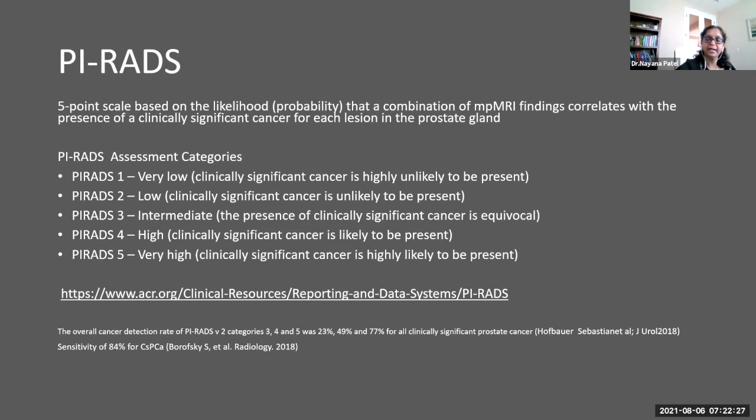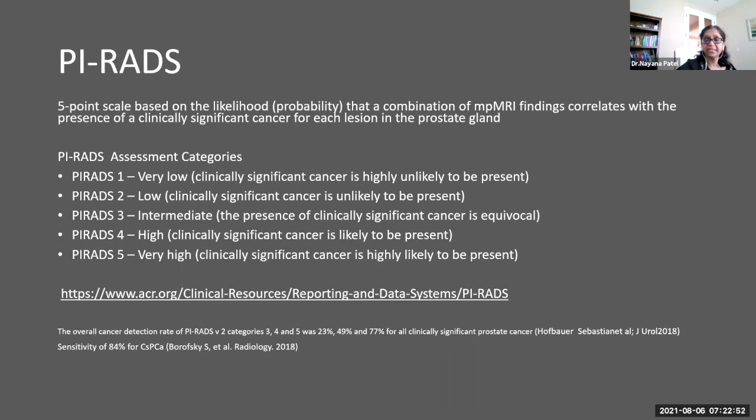The PI-RADS document has defined criteria on how to evaluate the lesion within the prostate based on the location of the lesion, whether it's in the peripheral zone versus the transitional zone, as well as the characteristics, the morphology, the enhancement pattern, and the degree of restricted diffusion.